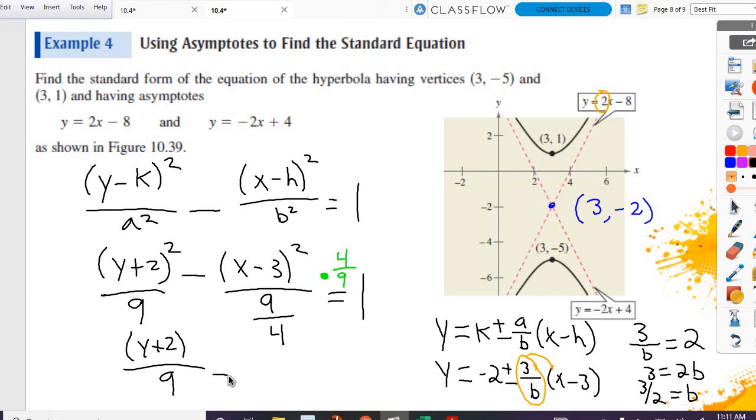So my 4 is now going to be on top, and my 9 is what's going to be on bottom. And that would be my equation. Again, the hardest part for these problems is going to be manipulating and using your different equations. From there, mostly you're just adding, subtracting, multiplying, and dividing.